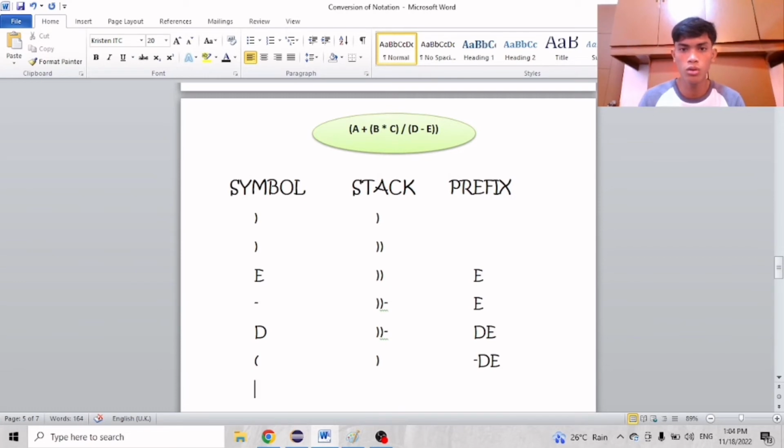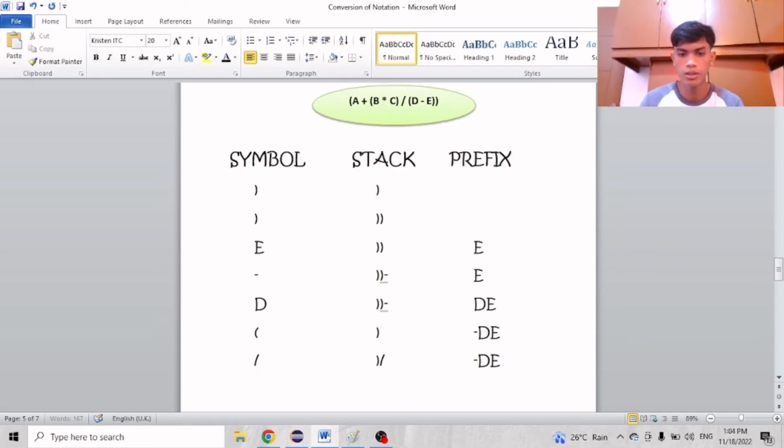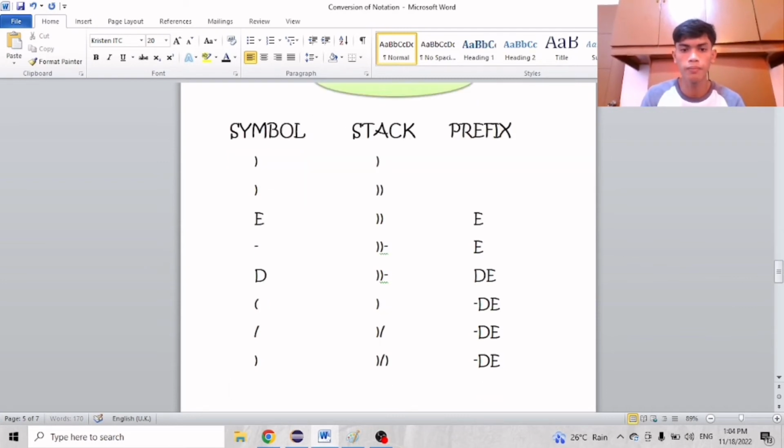And now let's go to division. Same as before, after the division, the closing bracket.